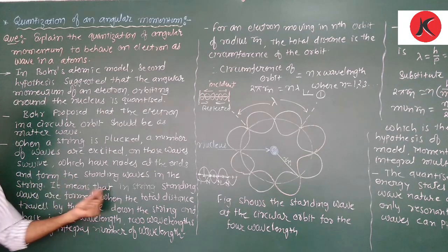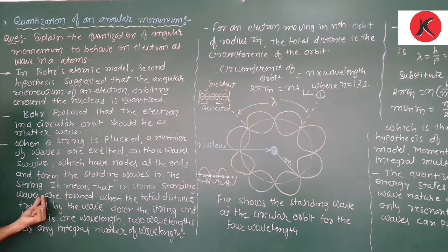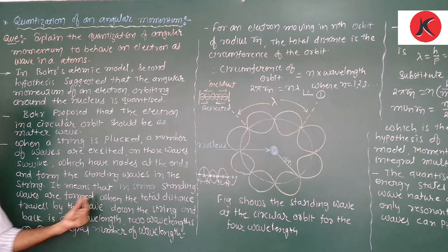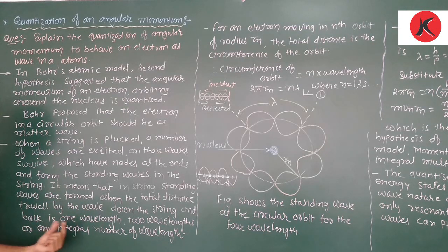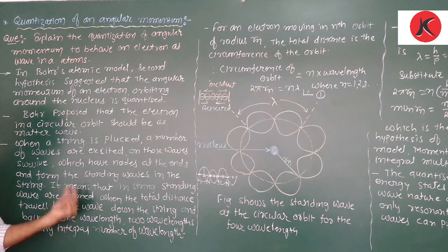So our concept about this must be clear. When the string is plucked, that means a disturbance is produced in the string and a burst of waves is produced. Only those waves survive which have nodes at the ends of the string and form a standing wave. It means that in a string, standing waves are formed when the total distance traveled by the wave down the string and back is one wavelength, two wavelengths, or any integer multiple of the wavelength. So what is the meaning of this?